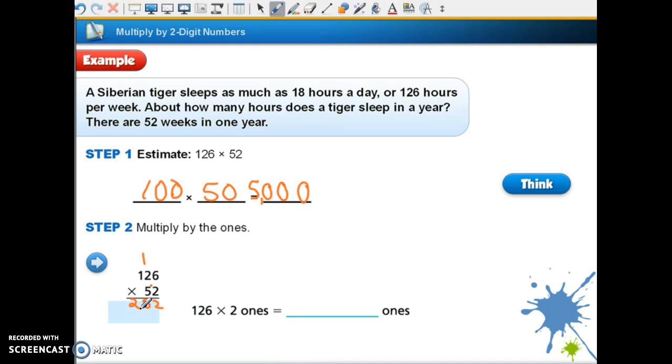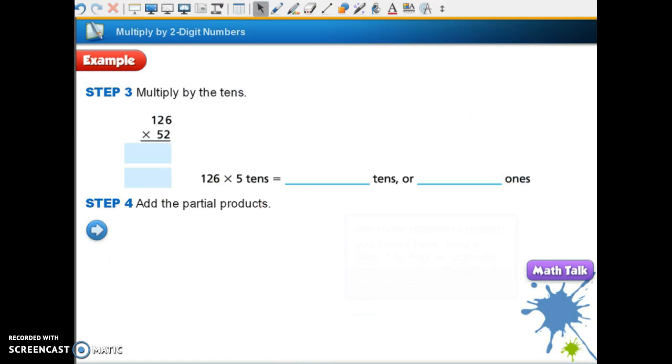So 126 times 2 is 252, or 126 times 2 ones is 252 ones. Okay? Let's go on to step 3. So we multiplied this already and it was 252, correct?